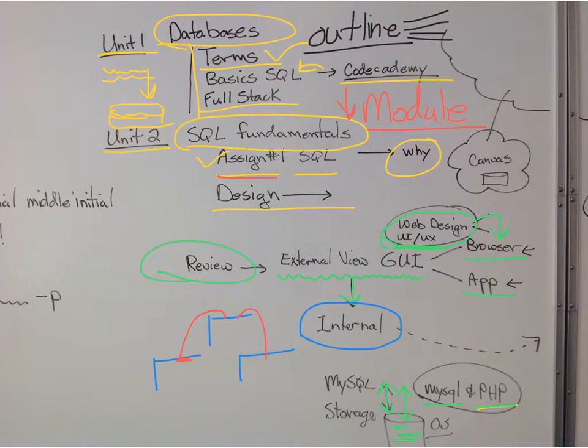We might have a primary key here and a foreign key here, maybe a primary key here and a foreign key here. So our next step is to take a look at some of that design.